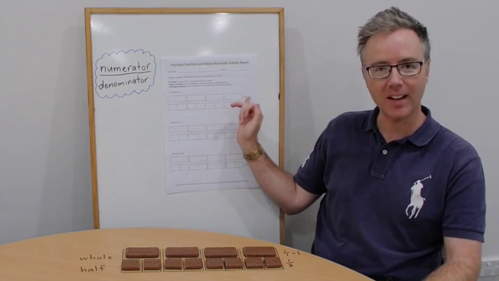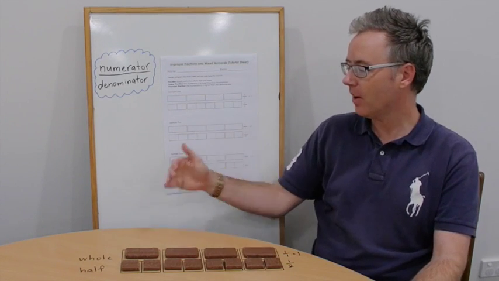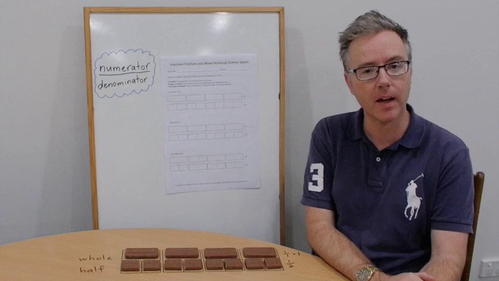I have one part and it's only divided into one part. And 1 over 1, or any numerator and denominator that are the same, is always a whole. So if that's 2 over 2, 10 over 10, 1015 over 1015, it is always equal to 1. And then of course, when a whole is divided into two equal parts, they are each a half.